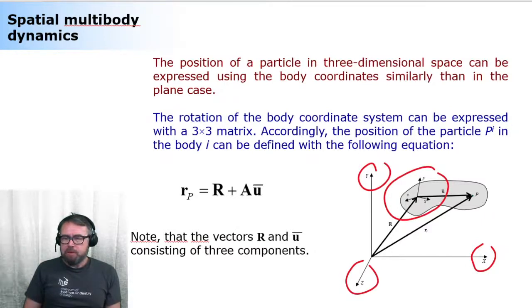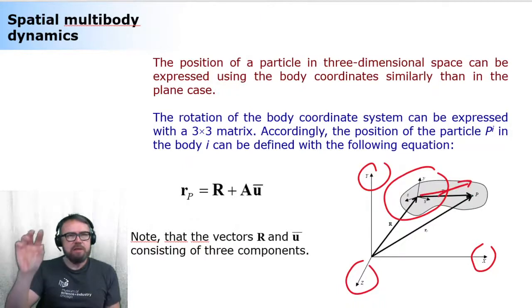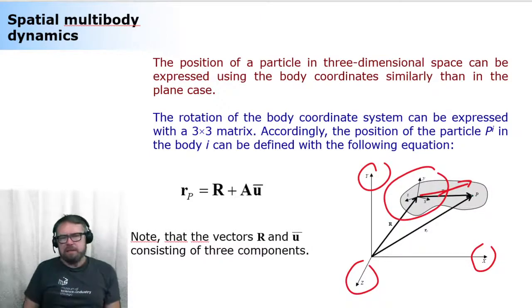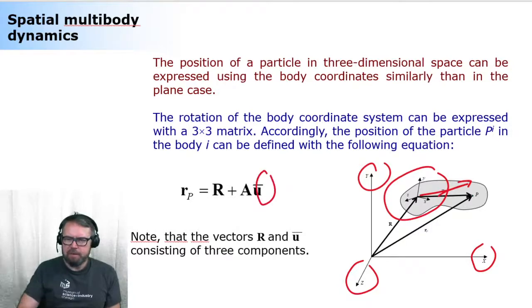So what we do is that we have this body reference coordinate system, and now using it, we can use a vector u-bar that scans every single location within this body. When it is scanning every single location within this body, we can take all the particles into account.